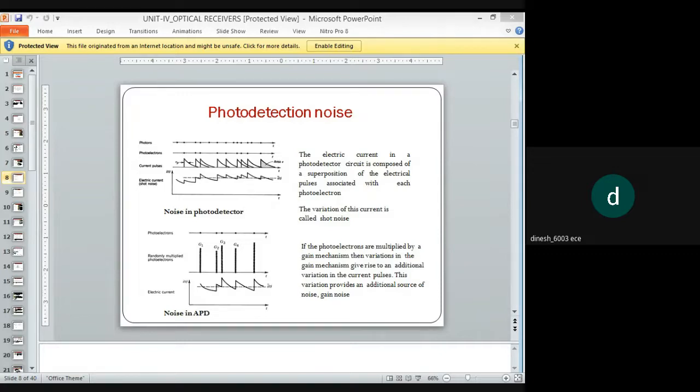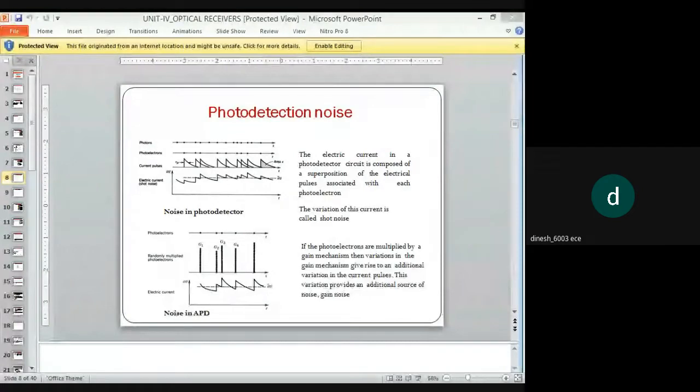Then we have a decision circuit with the pulse generator, where a decision depending upon whether the signal is present is made. Then signal processing equipment will process the electric signal, and it will be given to the corresponding receiver.